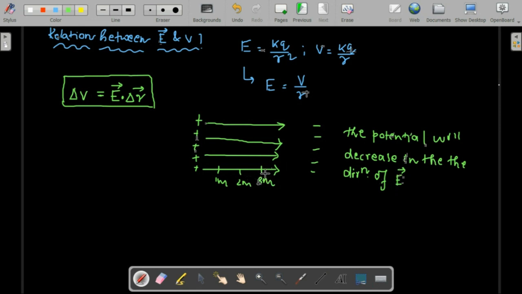So you have to be very clear about that. We are going to use this logic to actually solve one numerical problem and try to understand it.